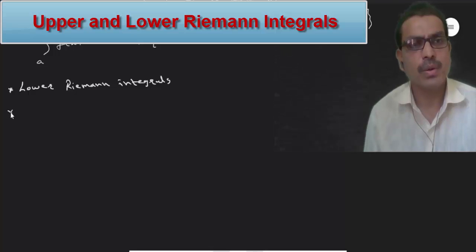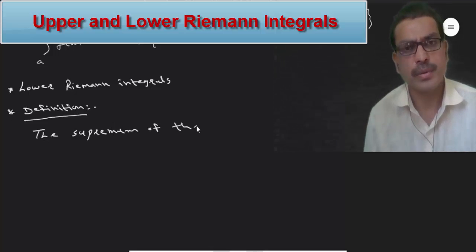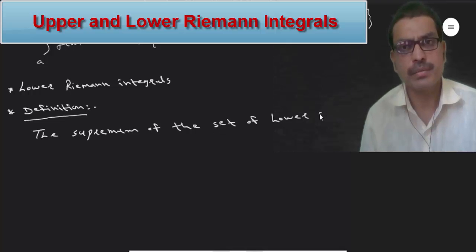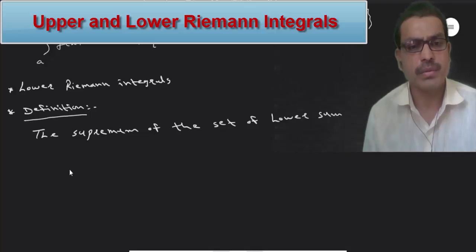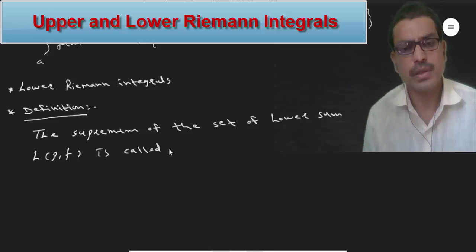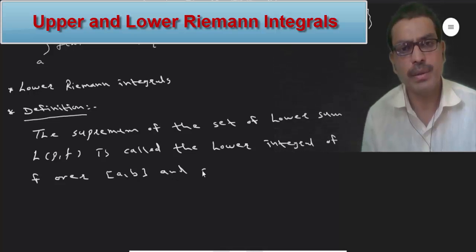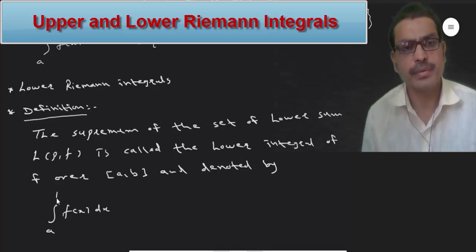In the definition of the lower Riemann integral, the supremum of the set of lower sums L(P, f) is called the lower integral of f over the closed interval [a, b], and it is denoted by the integral of the function f(x) dx over [a, b], with a bar on the lower side of the integral.